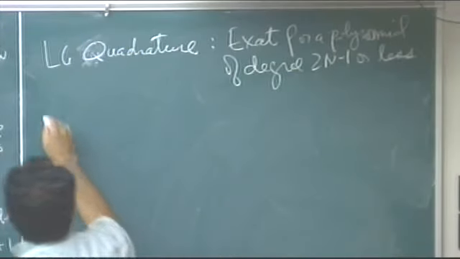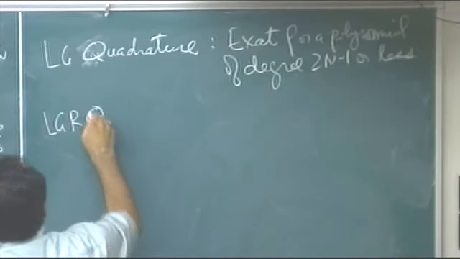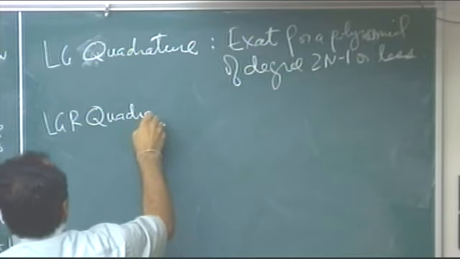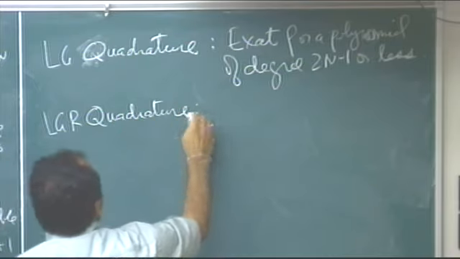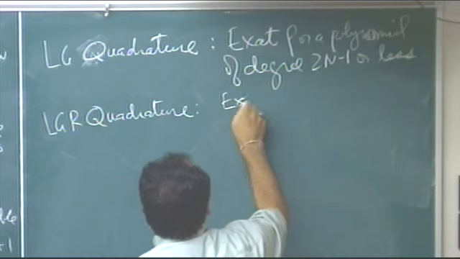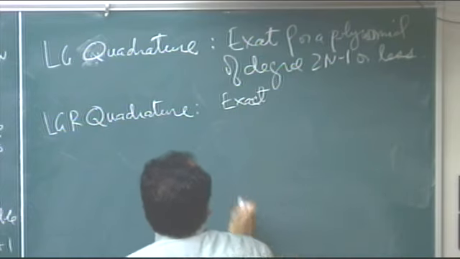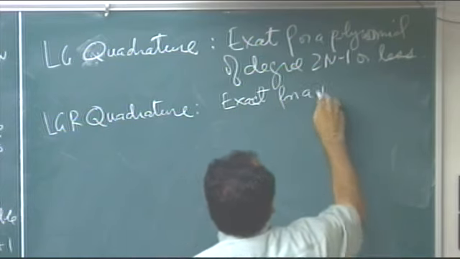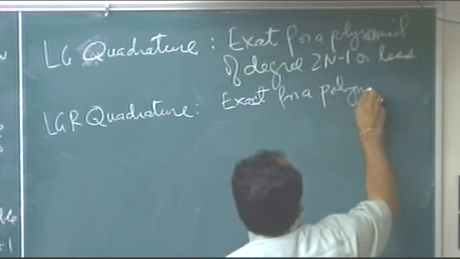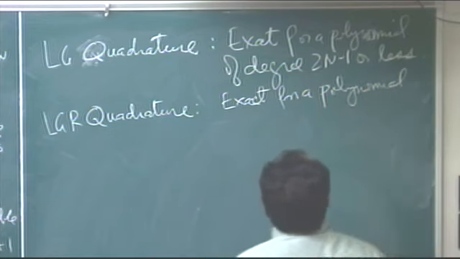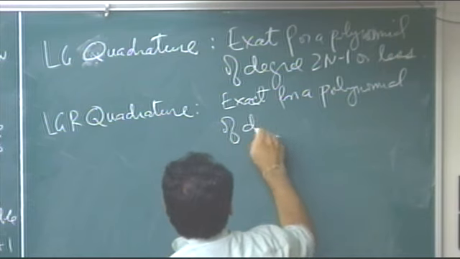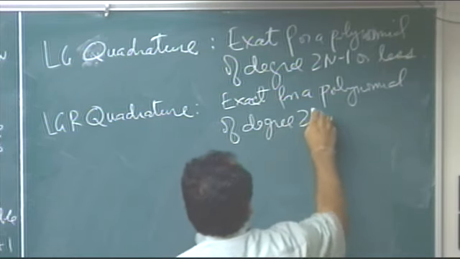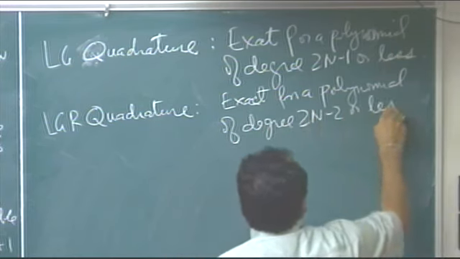The LGR quadrature is exact for a polynomial of degree 2n minus 2 or less.